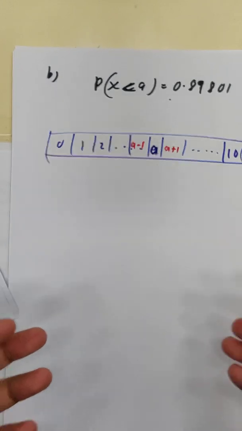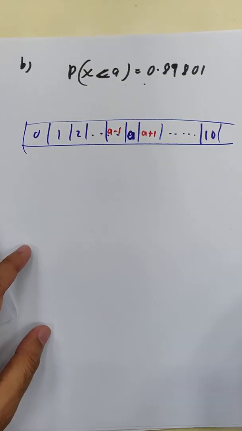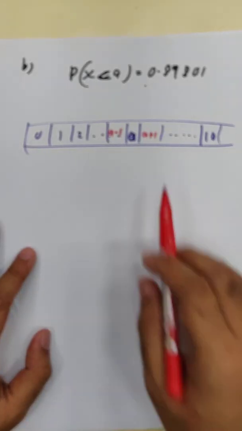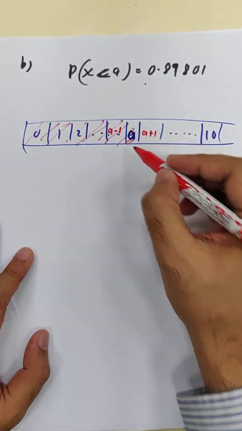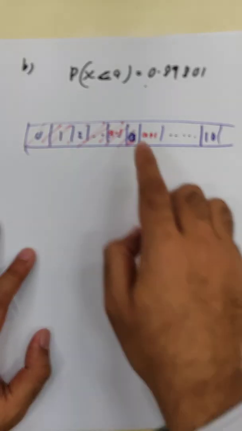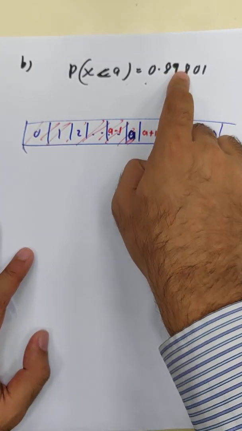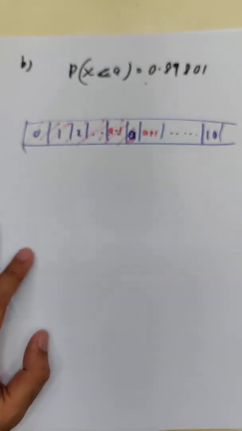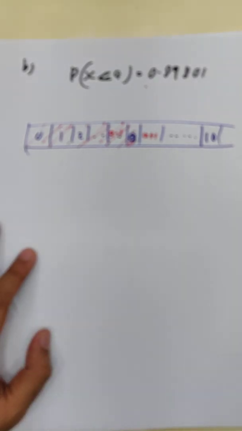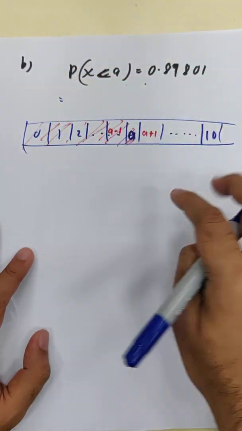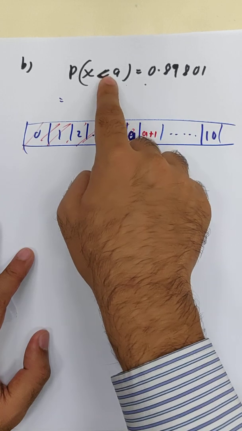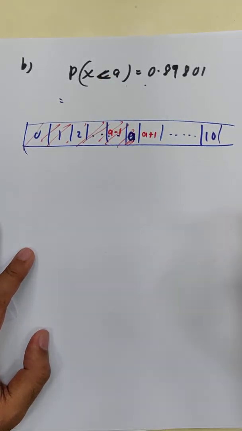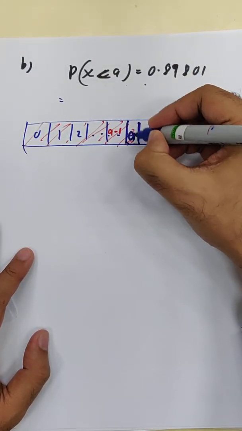Which direction? Less than a, that means? Alright? That one gives me 0.89801. But I know our table is reading from left to right. So how should we do this case? Less than a, does a included? Not included, so it's only until here.